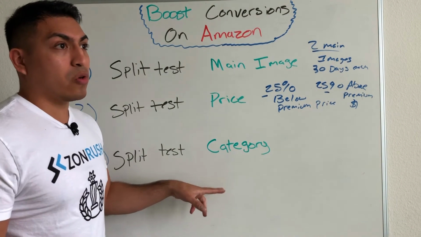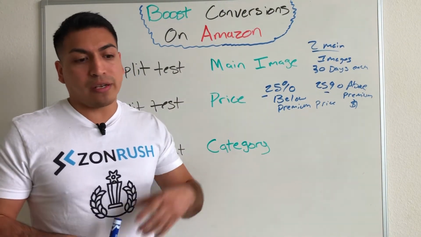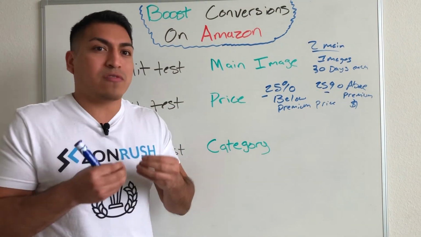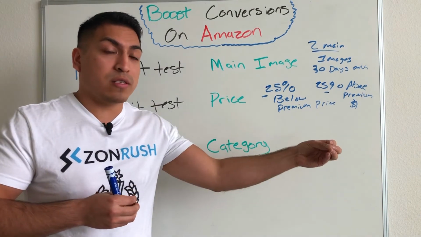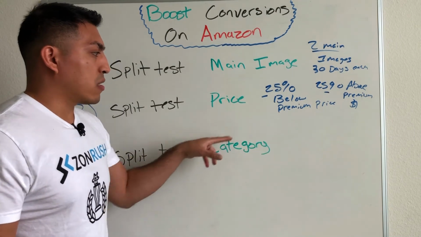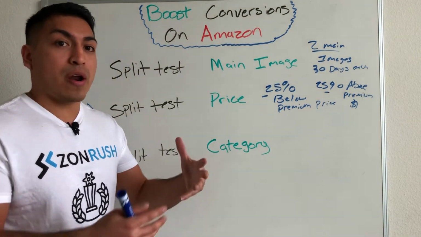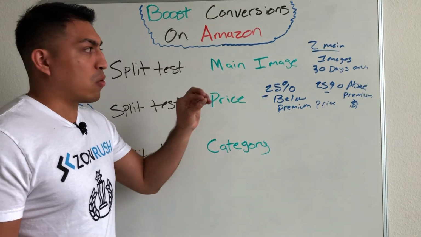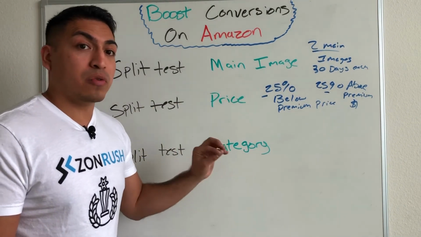And ideally, you'll want to do this at the very beginning of a listing. But if you have a current listing, it's already launched, you have some PPC, and you just know there's more sales you could be making relative to your competition, then take a look at the categories. You can look at the categories that your top 4 or 5 competitors are in and see, okay, which ones are the most popular and which ones have fewer sellers in them, but they're still doing well.